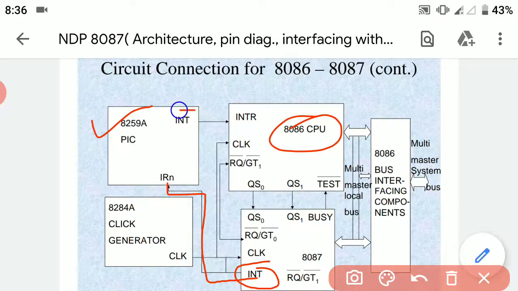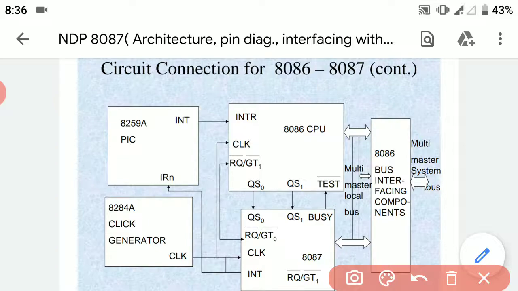This is the interrupt controller which is going to connect with the interrupt request INTR of the 8086 processor. So when the 8087 has to perform any function, it starts interrupting the 8086 processor through the 8259 interrupt controller.